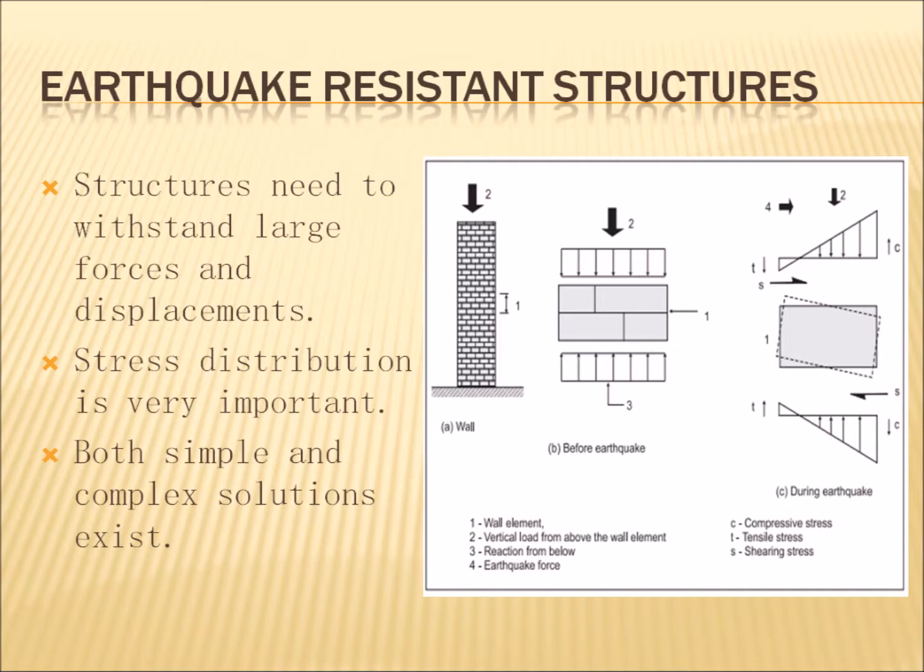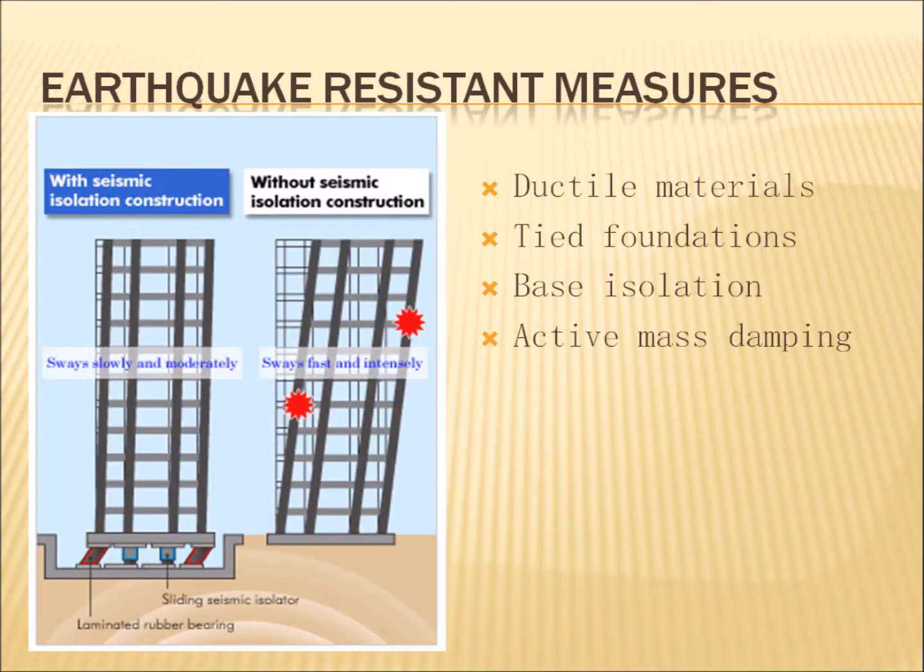compensate for these problems. Now there are some simple solutions here, and there are some more complicated ones. The most simple solution is really just using more ductile materials during the construction of these buildings. For example, concrete is very, very brittle. Therefore, it doesn't deform. It doesn't yield.